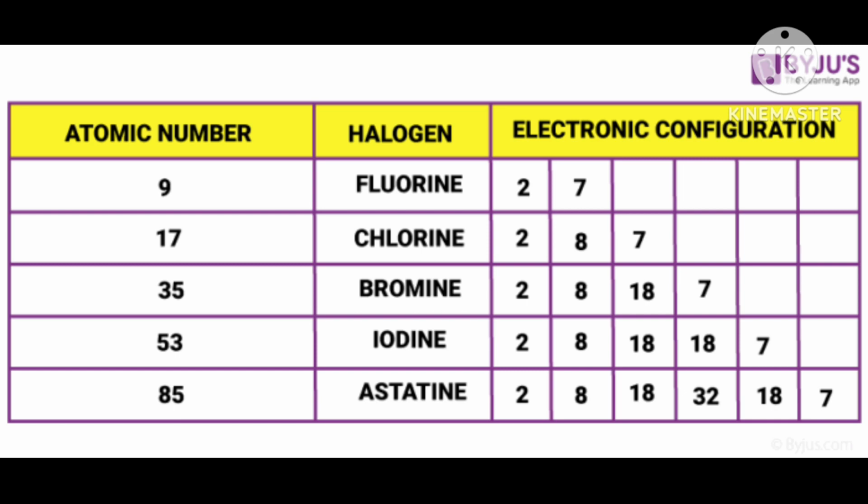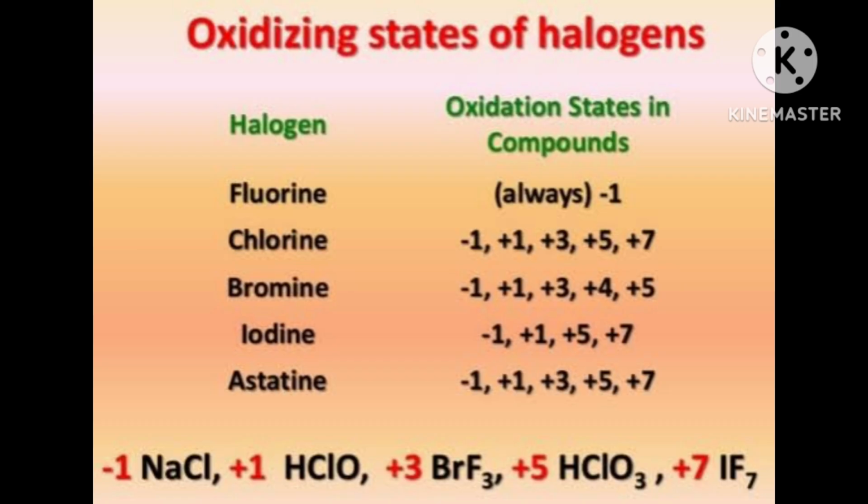Second, chlorine: its electronic configuration is neon completed, after that 3s2 3p5. Here also the total is 7. Like that, for bromine, argon is completed, after that 3d10 4s2 4p5.